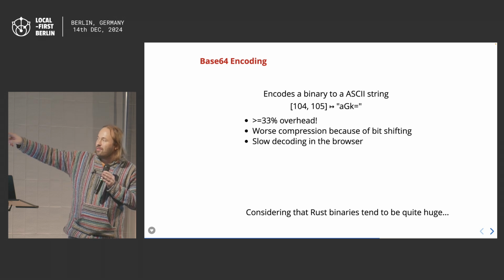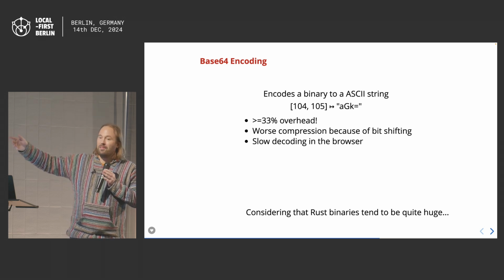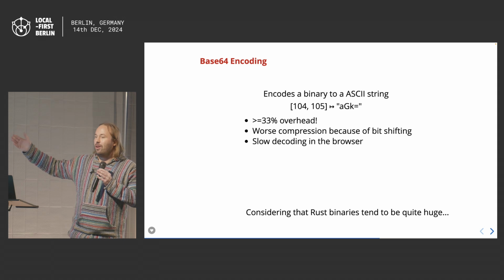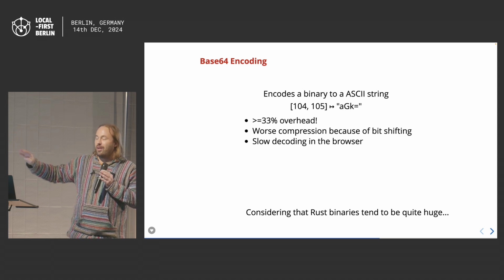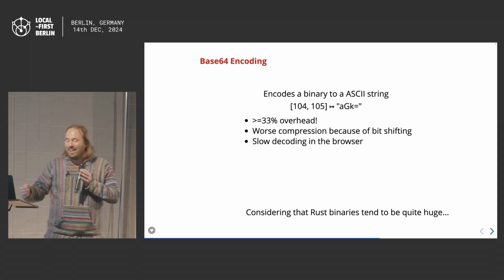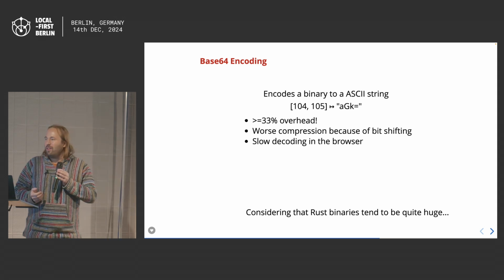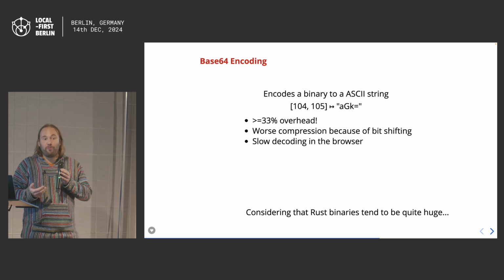Here I encoded these two integers as base64, and bam, we have double the message. So 2 characters are 4 characters as a string. This is so bad. And also, in the browser, it's really slow to decode.